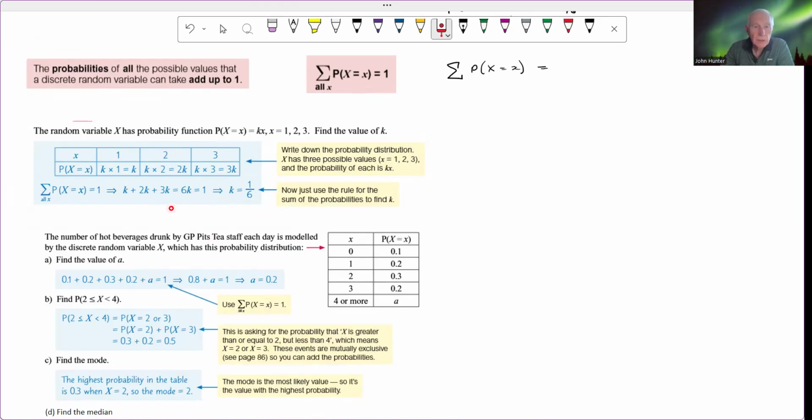All right. So this sort of question actually comes up quite a lot in your stats paper, or something similar to this. The number of hot beverages is another example, drunk by GP Pitt's tea staff each day. Not PG Tips, but GP Pitt's tea staff each day, is modeled by the discrete random variable x, the number of hot beverages that they drink.